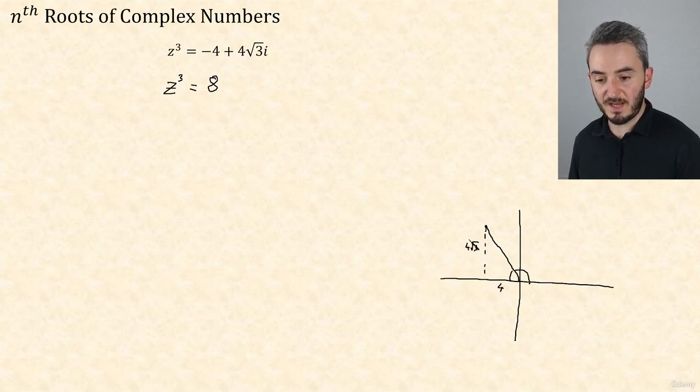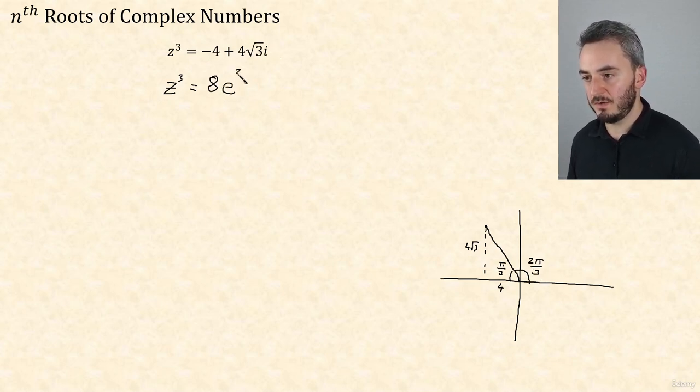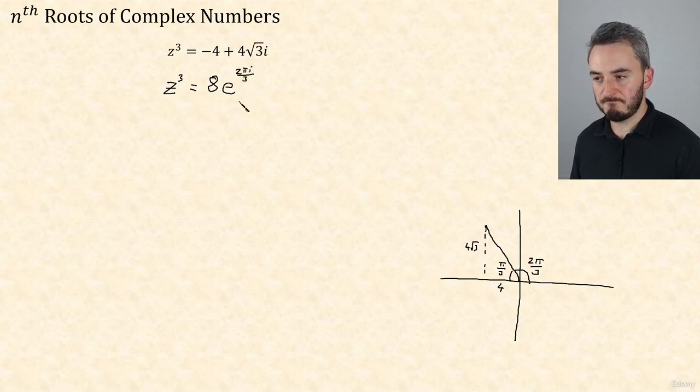So inverse tan of 4 root 3 over 4, that's inverse tan of root 3, and that's pi over 3. So that's pi over 3, which means this is 2 pi over 3. And so there's the argument. So this complex number here is 8e to the 2 pi i over 3.